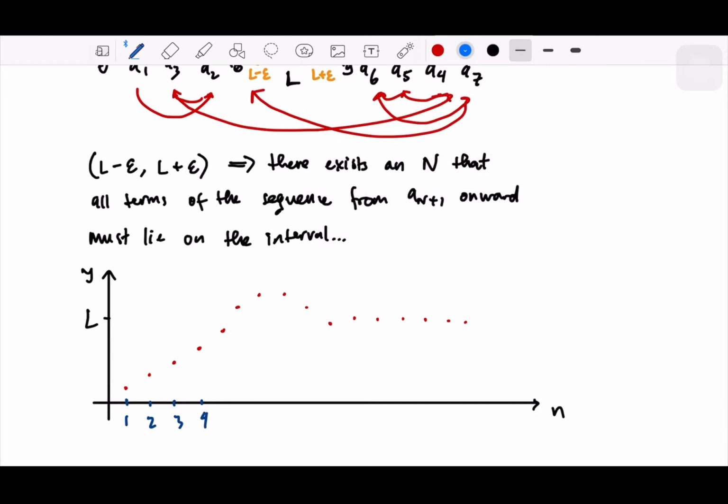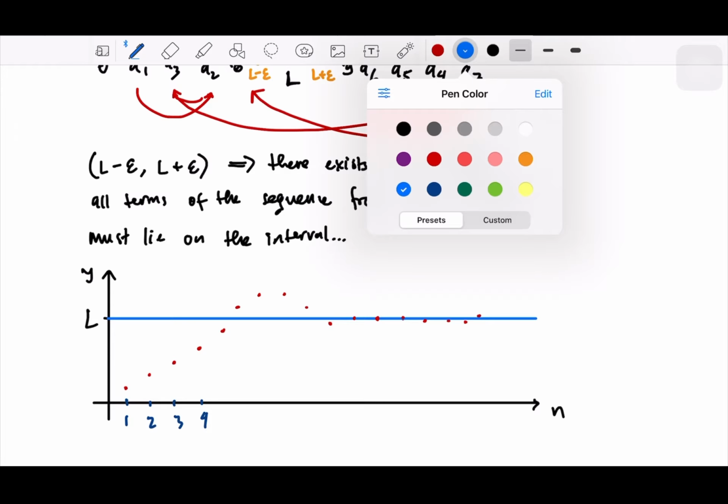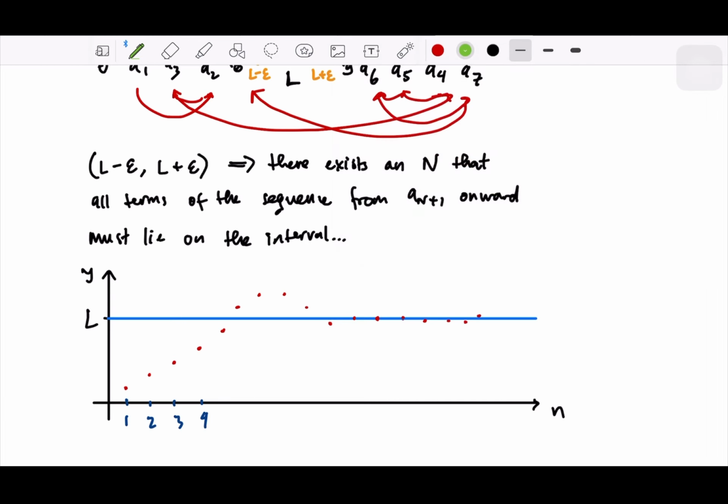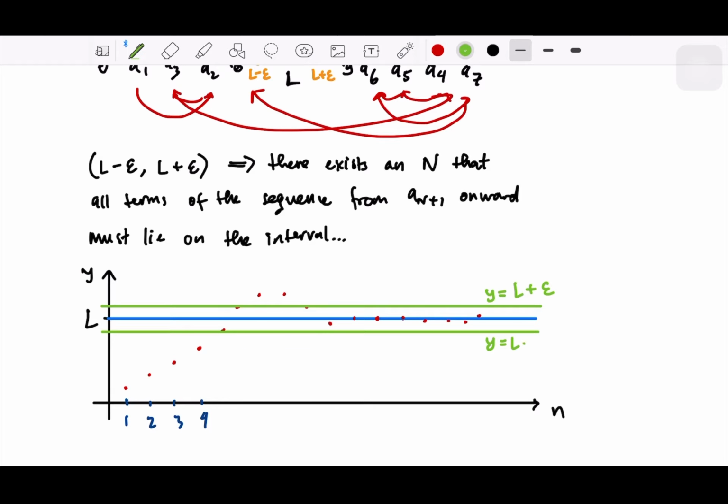Let me draw the line L, and let me draw another one. Now this will be y equals L plus epsilon, and this will be y equals L minus epsilon.